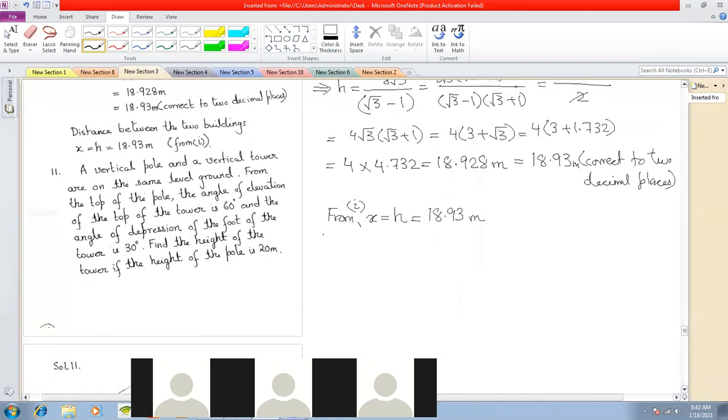Hence the distance between the buildings is x, equal to 18.93 meters. That's it. I'll stop here for today.